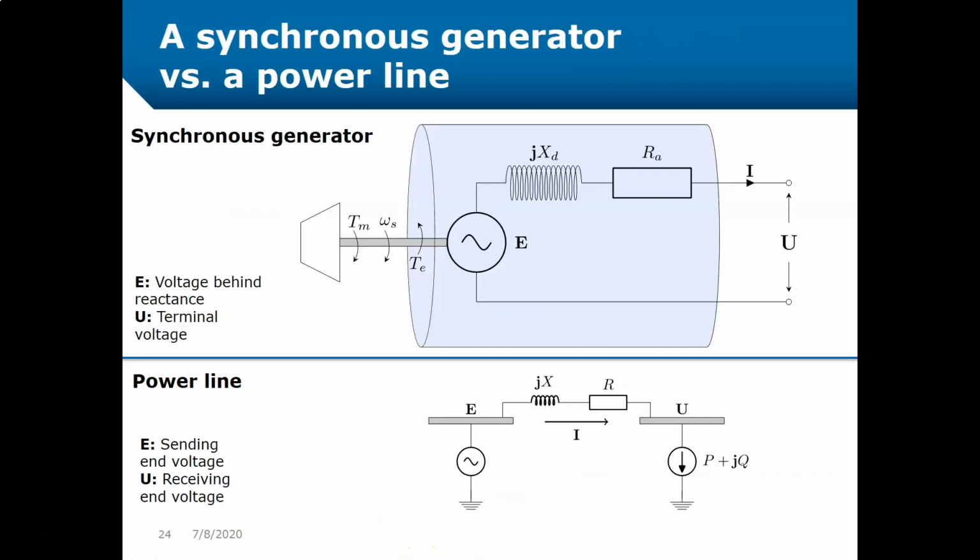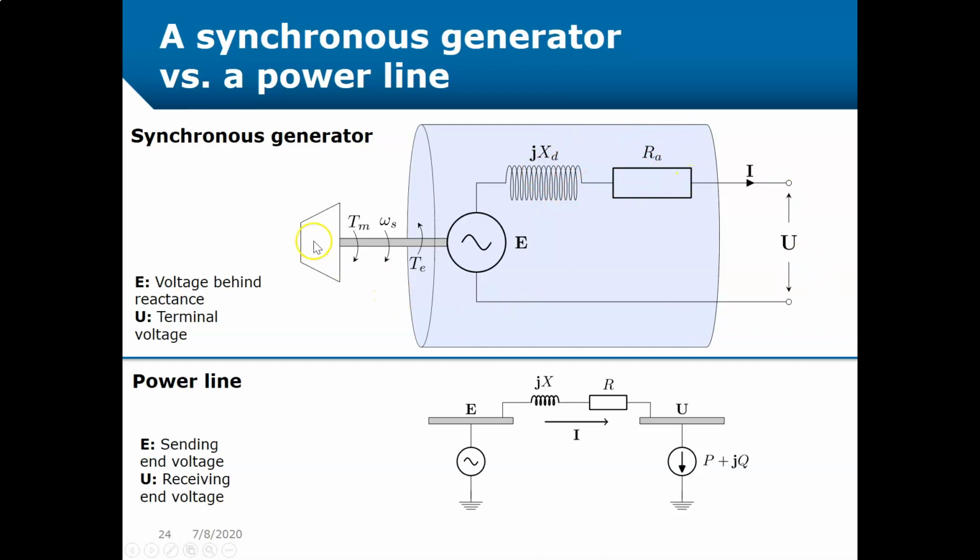We can now look at this comparison of the synchronous generator versus a power line. Above here you can see the internal voltage E and the X_d as just said, and the resistance of the armature, and the current and the voltage.